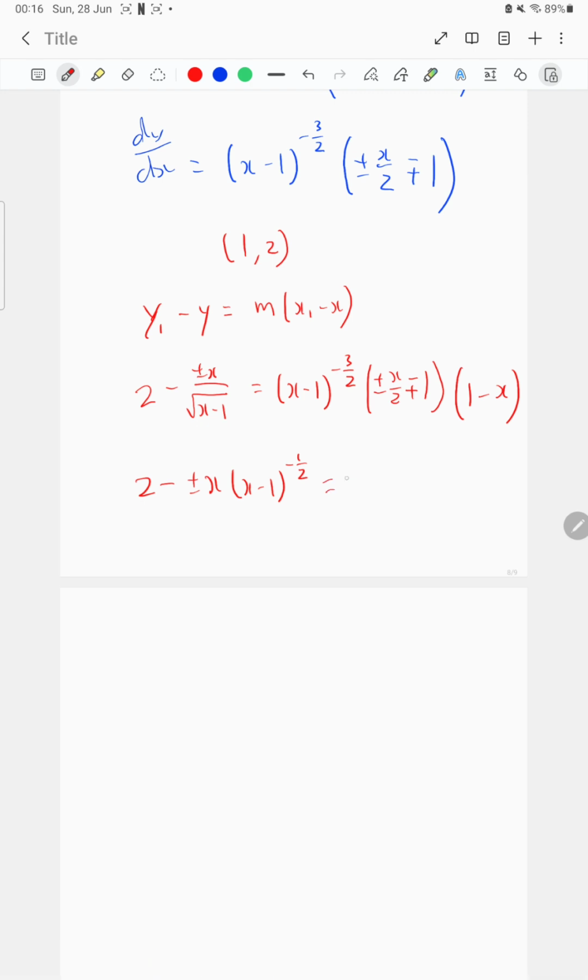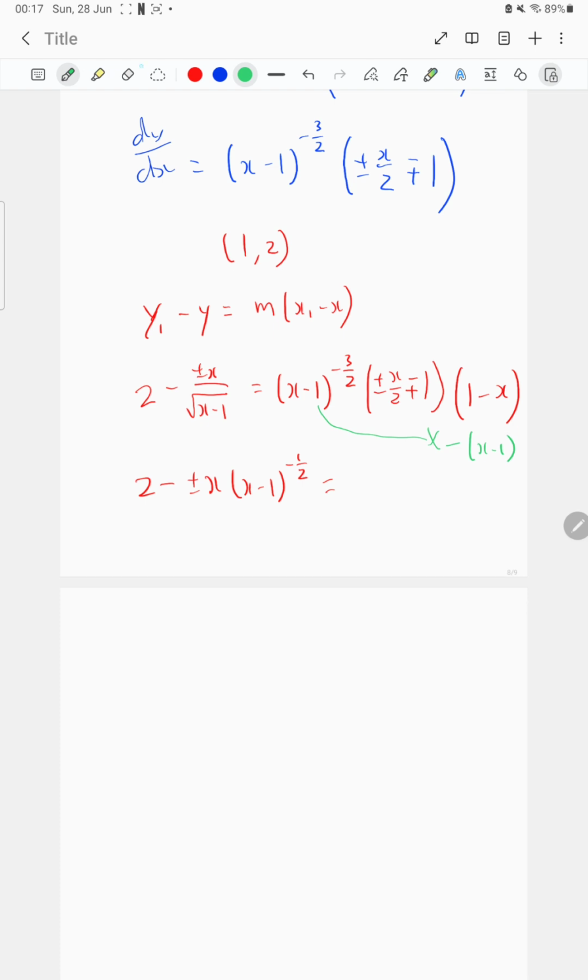And then this side, because 1 minus x, that is just negative, let's use another color pen, that is negative x minus 1. And if this one is timesing minus x minus 1, again, minus 3 over 2 is the power, yeah? You plus 1.